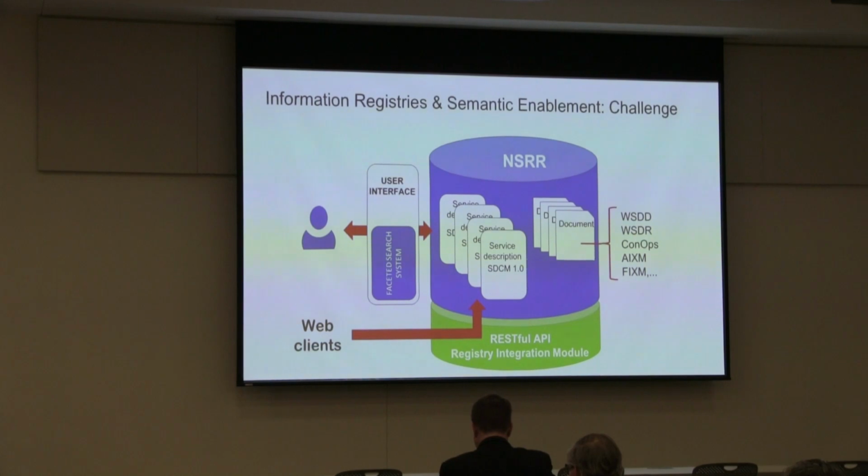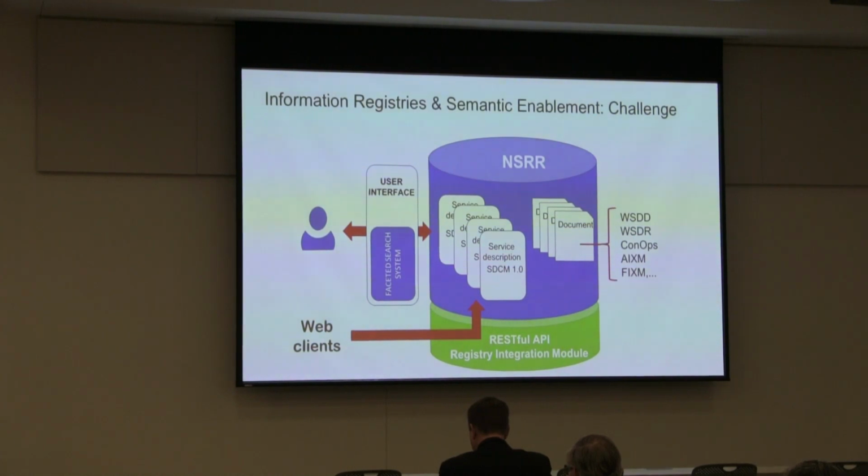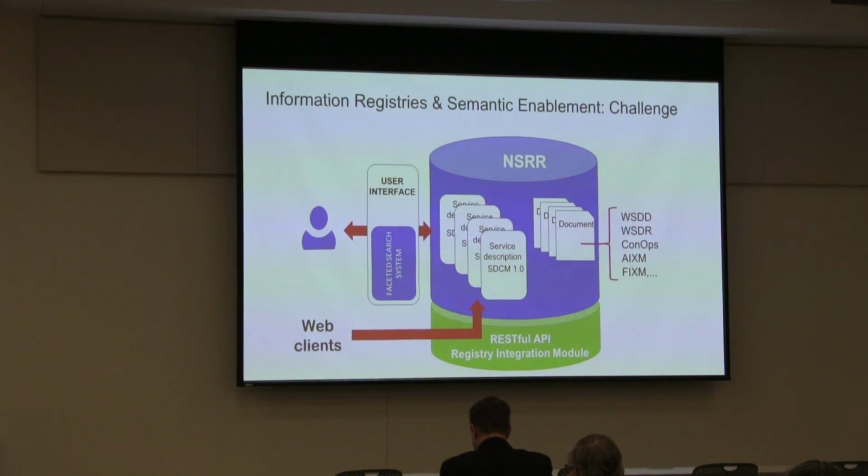We cannot get details about feature types and the possible values, to do a more sophisticated query. That was the requirement. For example, I cannot currently find a service that provides flight plan data in FIXM, one of the encodings used in the aviation community.